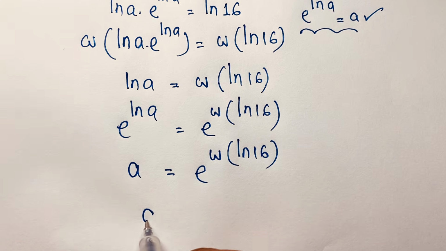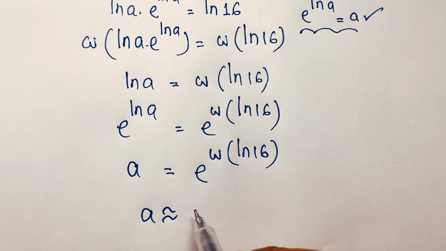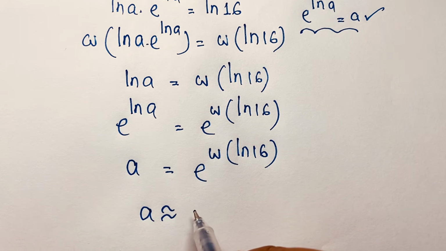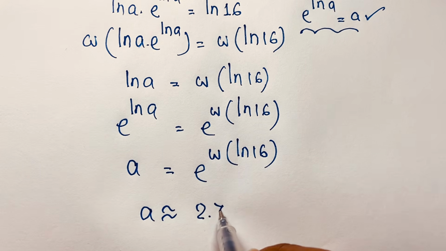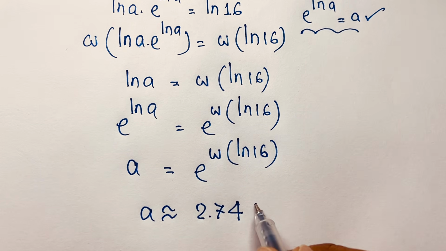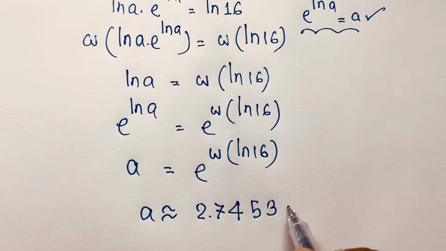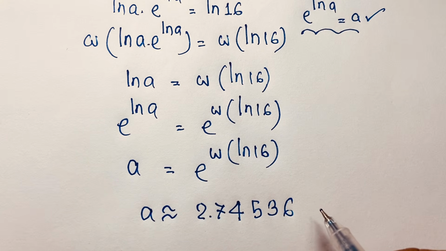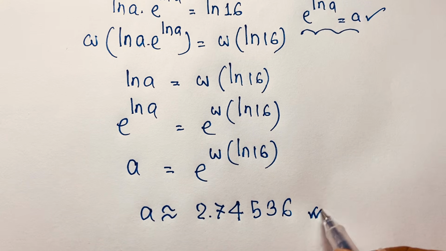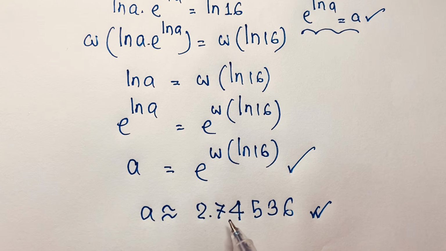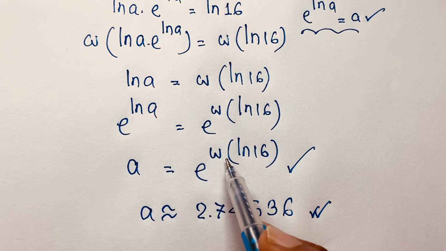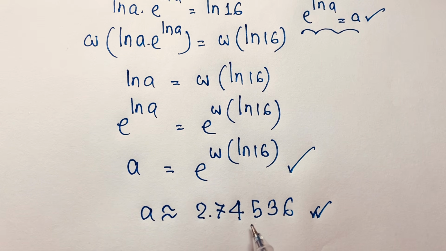If I use a calculator, we find a is equal to 2.74536. This is our final answer: a is equal to e to the power Lambert W function ln 16, which is 2.74536, in this exponential expression.